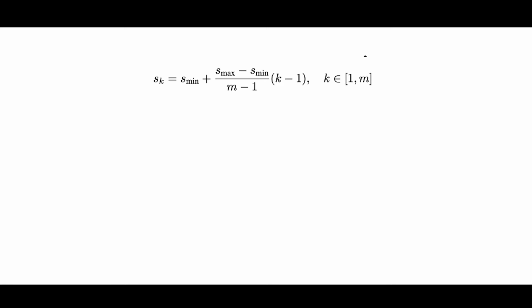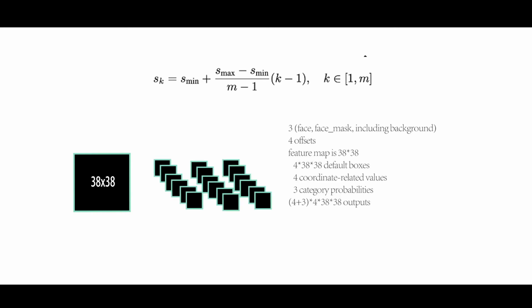Here m is 6, and we are not going to talk about more details about how to calculate the size of the default boxes. For each default box, 3 category scores and 4 offsets need to be predicted. So if the size of the feature map is 38 by 38, then this feature map has a total of 4 by 38 by 38 default boxes.